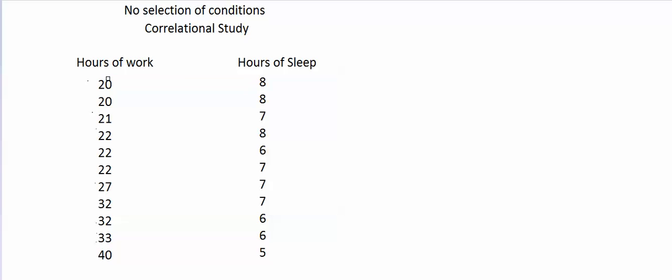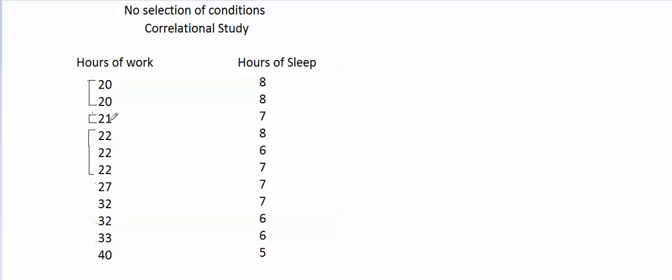And let's take a look at the different groups of people that I'm comparing. I'm comparing these different groups of people here. I have one group of two people who are working 20 hours per week.